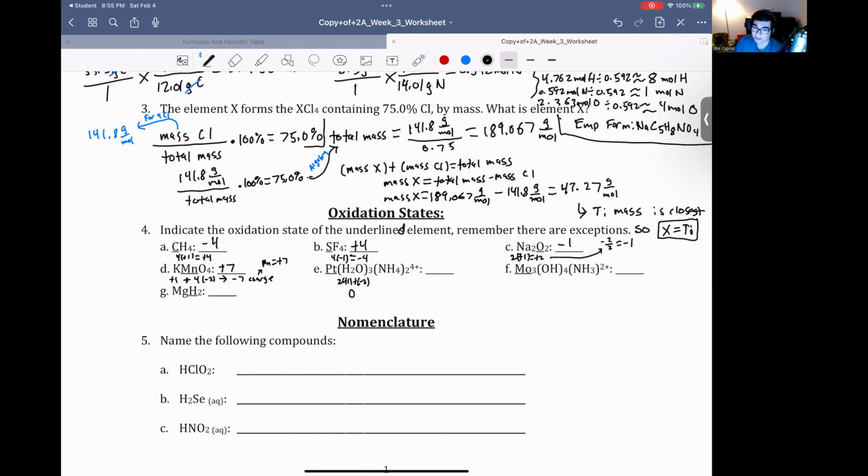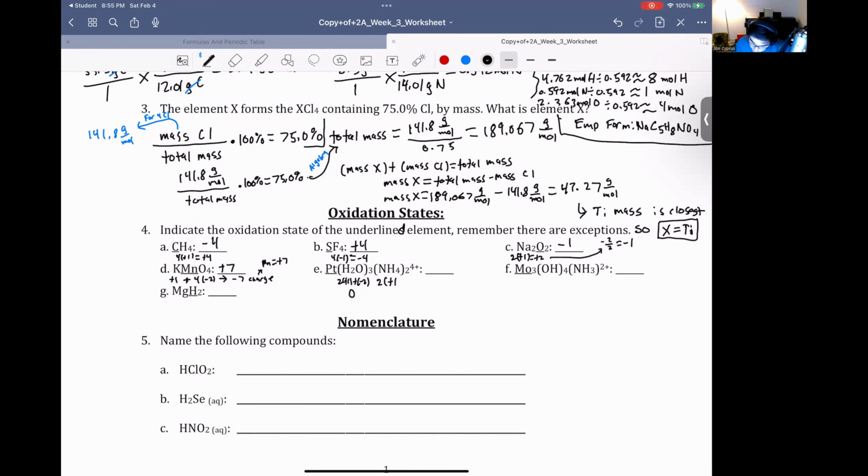So let's look at the ammonium. Over here, this NH4. You actually should know this by heart. Nitrogen is typically a -3, H is typically a +1, so this has a total charge of +1. You can do that, but you also should just know this by heart.